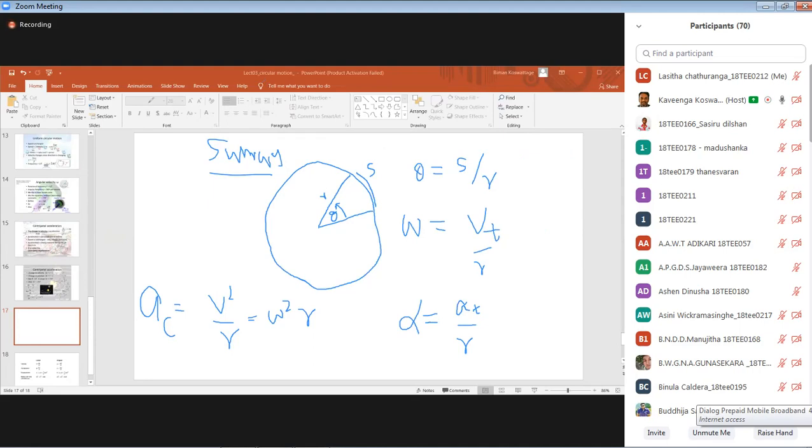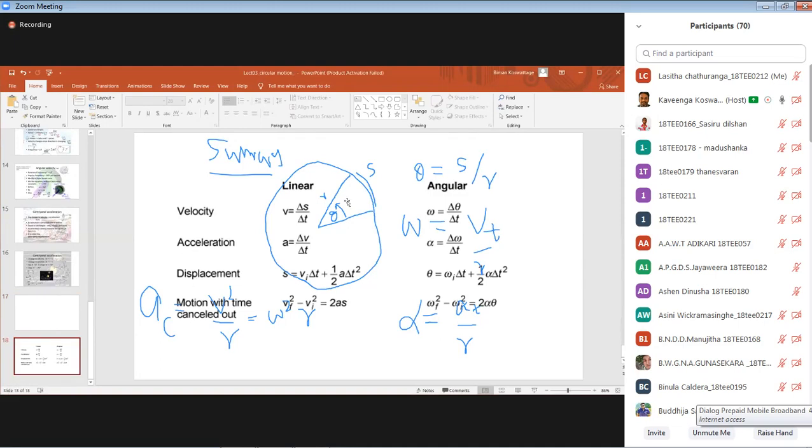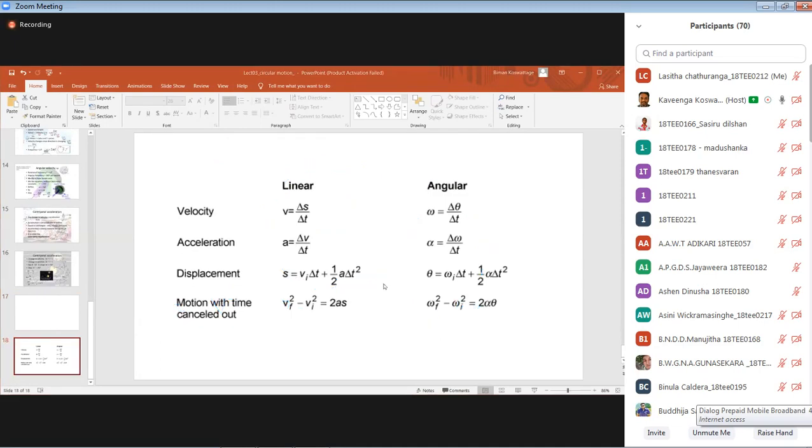And at the same time, all the equations we derived for linear motion can be converted to angular motion, where the velocity becomes omega and this is acceleration. So everything can be converted to the particular equations, and these things are also valid, right?